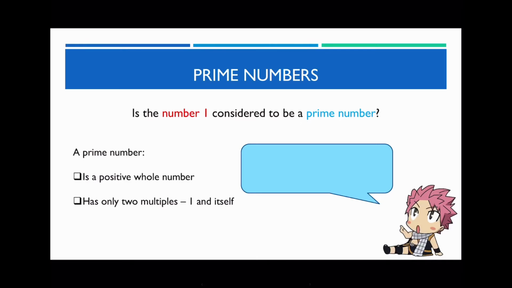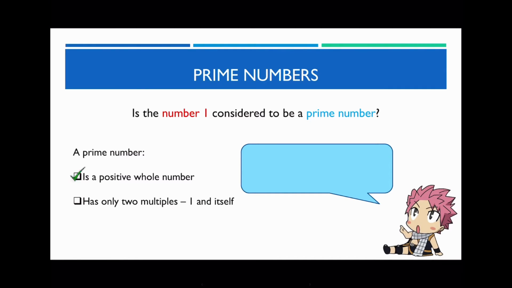Now, this is a common question that I often get asked, and many people are often confused about this. Is the number 1 considered to be a prime number or not? Let's look at the definitions again of what a prime number is. We said it must meet these 2 requirements. It needs to be a positive whole number, which it is, so it does meet this first component.